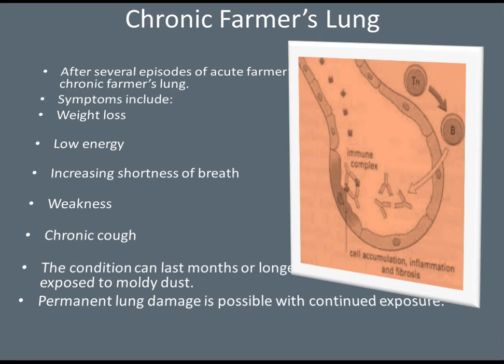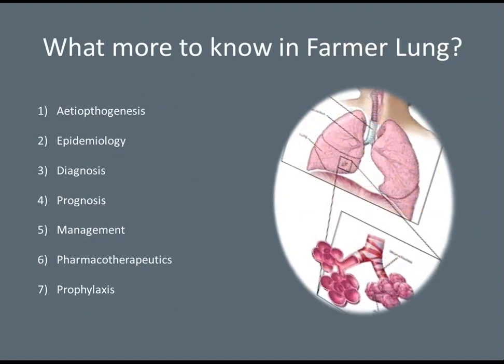In fact, there are many more things to know about farmer's lung which are beyond the scope of the present discussion. So I have given you the list of what else every student should know of farmer's lung. Maybe in some other video, or maybe if somebody is willing to contact me personally for these particular topics, I shall be discussing with him or her, and notes will also be available on this topic.